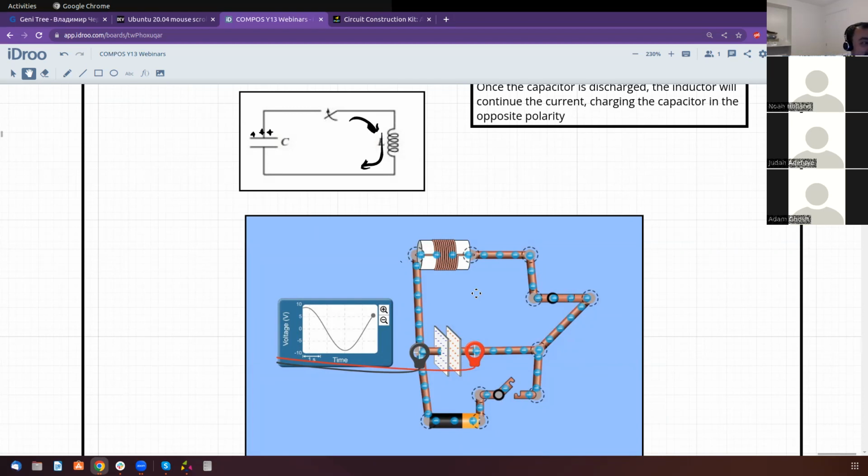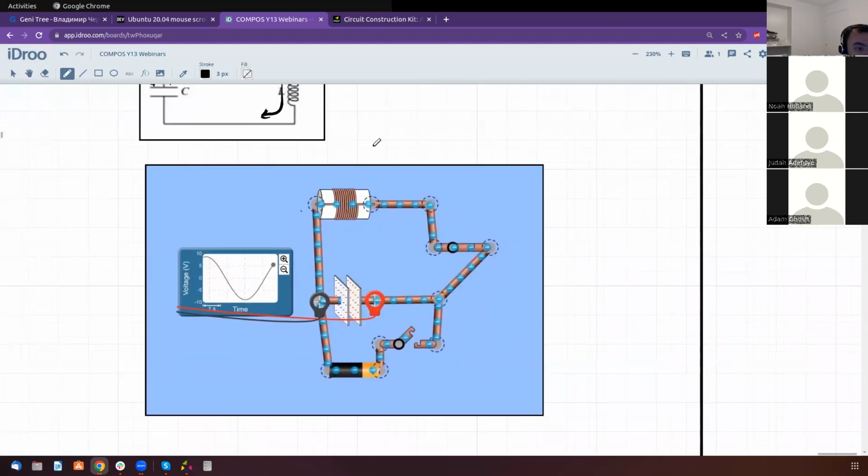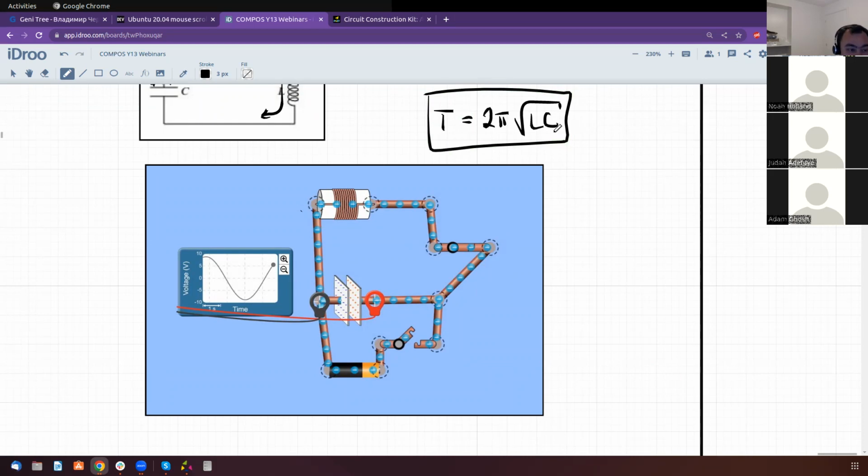And let's check something out. The time period for such an oscillation is 2 pi square root of LC. So if L increases or C increases, the time period increases, right?